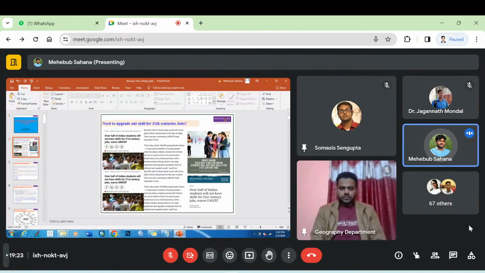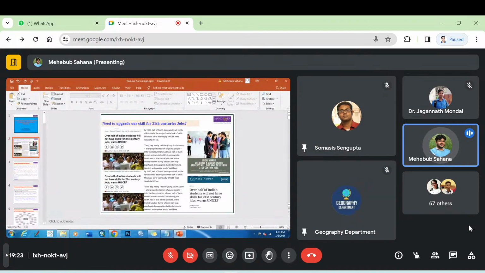There was news in the last 2-3 years that half of Indian students lack the skills for 21st century jobs.